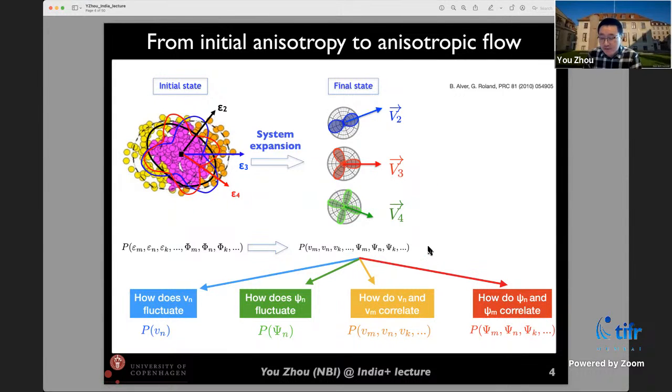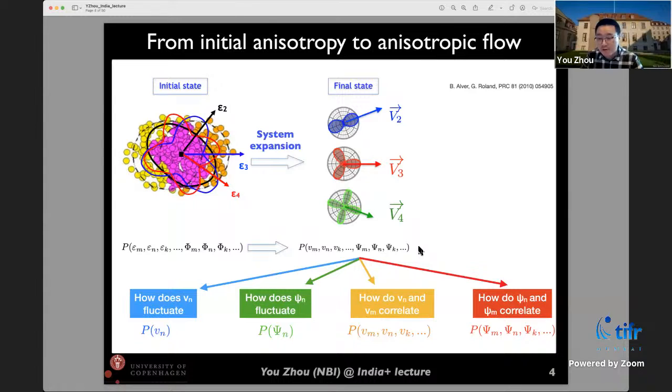In the final state, instead of just using the flow coefficient v2 to describe the particle expansion, we have the probability density function in terms of the flow coefficients vm, vn, vk, and also the corresponding flow symmetry planes, such as psi m, psi n, psi k. The study of this joint probability density function, the PDF, is very complicated.